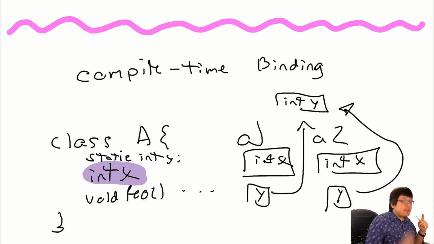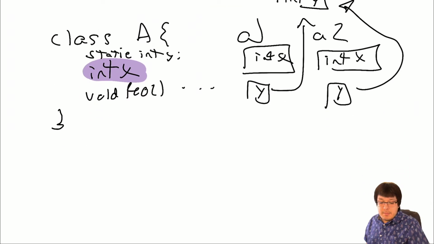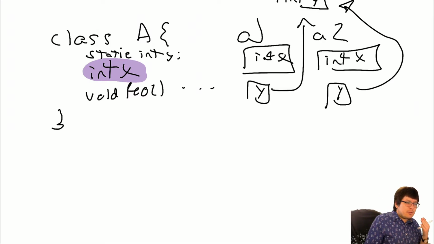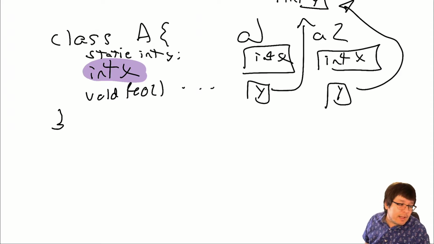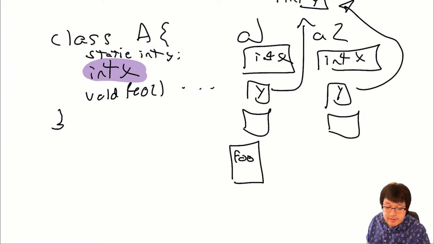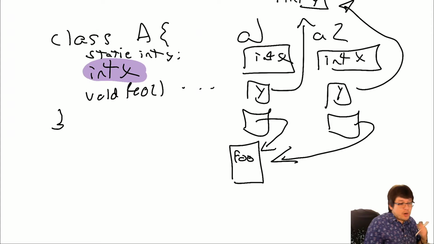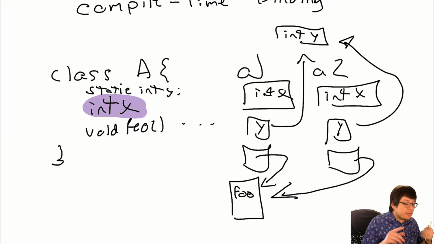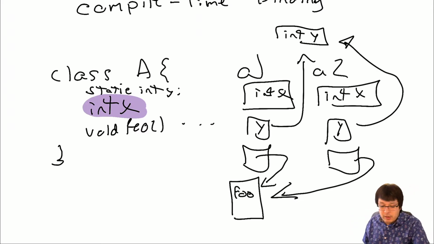Functions work kind of like that too, because it would be pointless to have the function written like 50,000 times in code. You can think of it like a little table of functions per class where foo lives. And all of these have a pointer, per se, that points to that function. So if you ever call the function foo from whichever object you call it from, it will basically call the one copy of foo that you have in code.